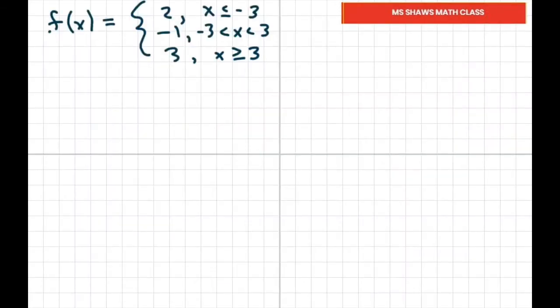So we're going to graph the first piece, starting at negative 3 on the x, and this is saying y equals 2. And just remember, that's like y equals 0x plus 2. So there's no slope there. It's just a constant.